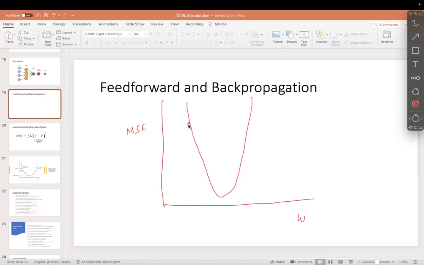So when you take a derivative or a slope and say W minus dMSE by dW, this value will be very large. So it'll sharply descend because the value is very high, the subtraction will be very large, sharply descend, right? Then again sharply descend.